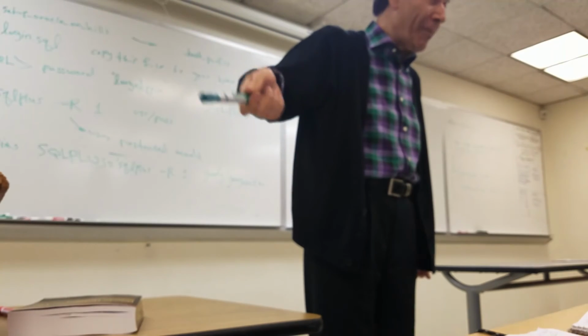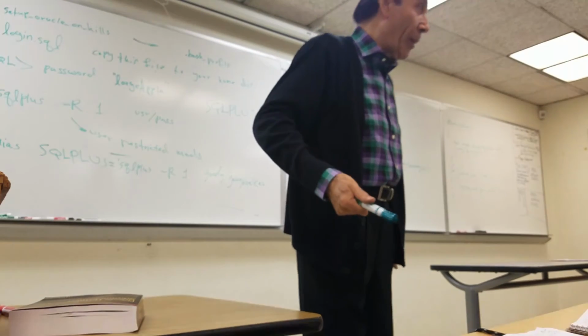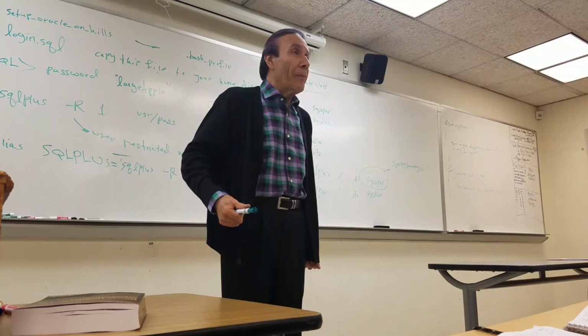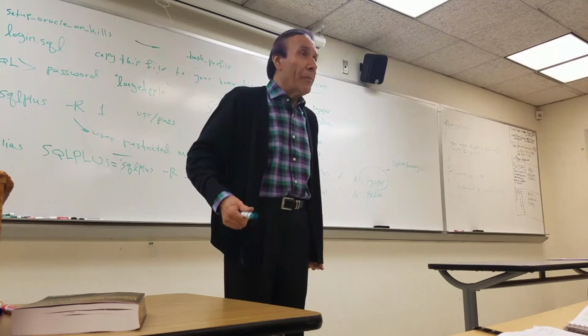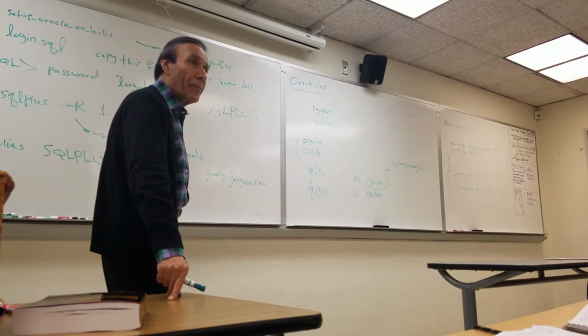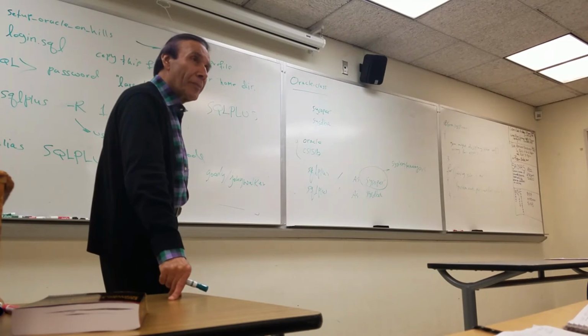Colin? Yes, sir. So the difference between creating the Oracle CS151B account and system manager is that one has to be done before installing Oracle, and the other one's a shared account that anybody can log into, as long as you know the password to access system manager.